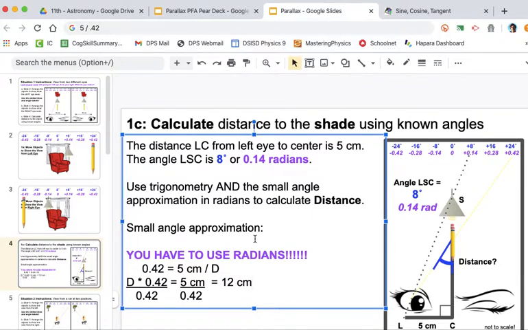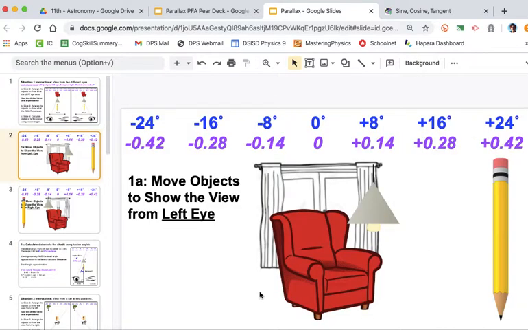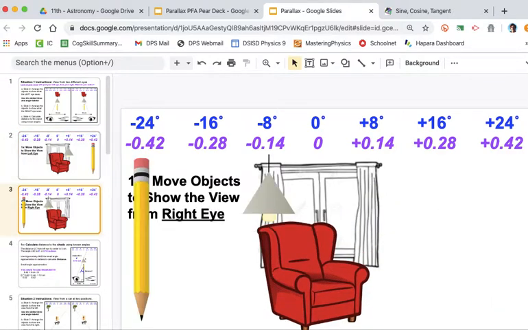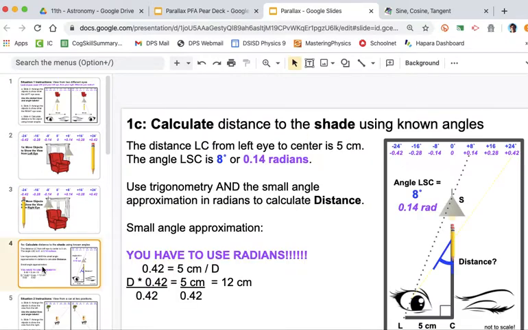So this calculation shows us that the pencil is closer than the lamp. Because the pencil is closer than the lamp, the pencil shifts more. It shifts a greater degree from the left eye to the right eye. And that's a great explanation for how I know my calculation is consistent with the real life situation.